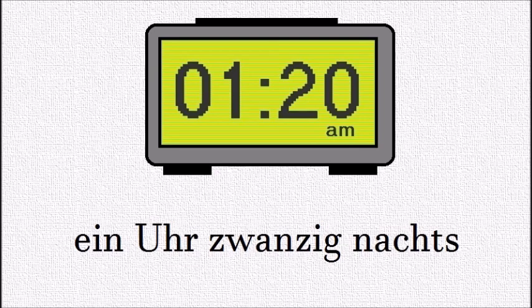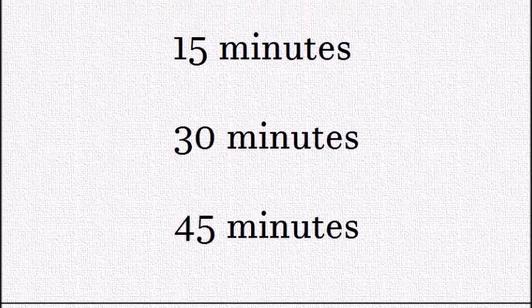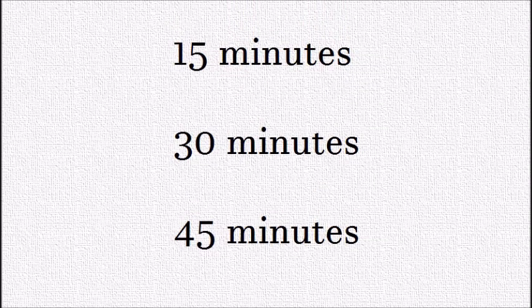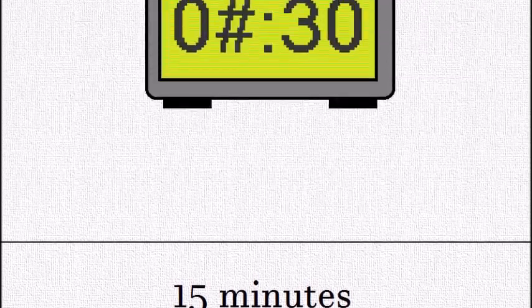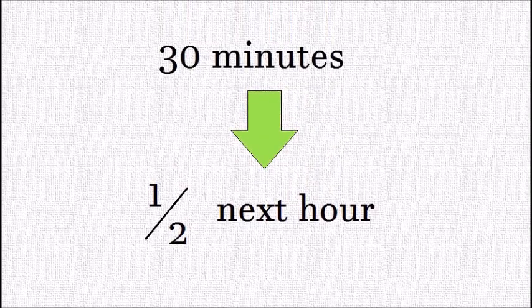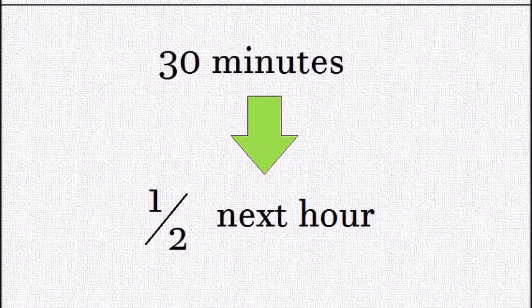There are some special short forms for 15, 30 and 45 minutes. These are only used with the 2 times 12 method. Let's look at 30 first. This is different from English, so watch out. Germans think of 30 minutes as half of the following hour.